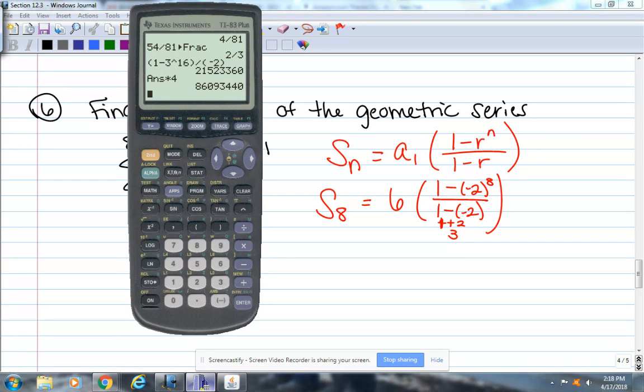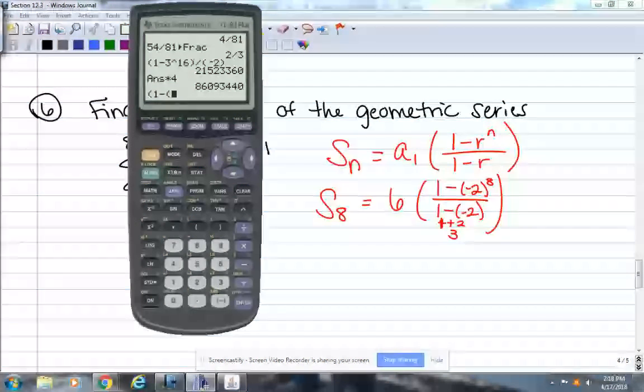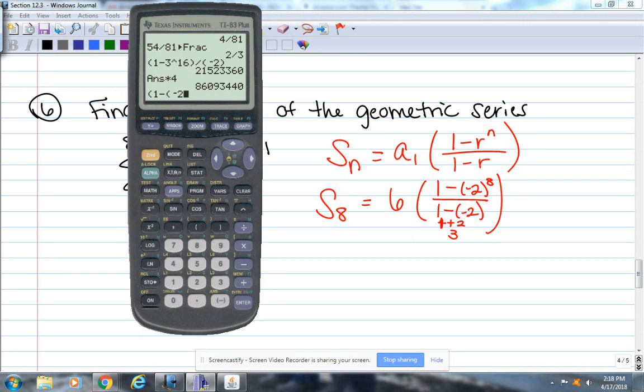So when you type that one in your calculator, I'm just going to do the fraction and multiply times 6 at the end. I'm going to say parentheses 1 minus parentheses negative 2, close parentheses, raise it to the 8th, close parentheses, and then I already said the denominator was 3, divided by 3, and I'm getting negative 85, and then I multiply that times the outside number, which is 6.